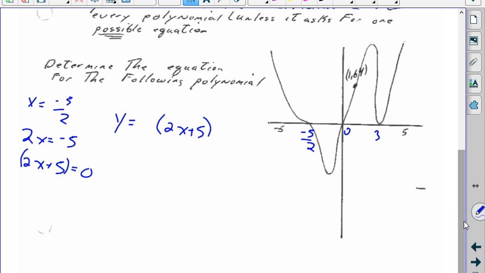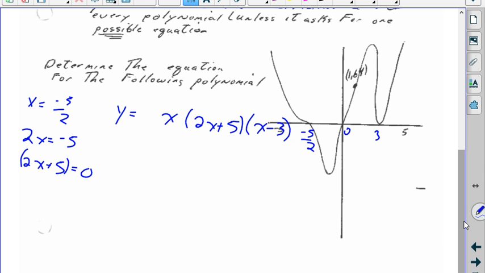We have another 0 at 0. So a factor is x. 2x plus 5 is the second factor, and x minus 3 is the third factor.